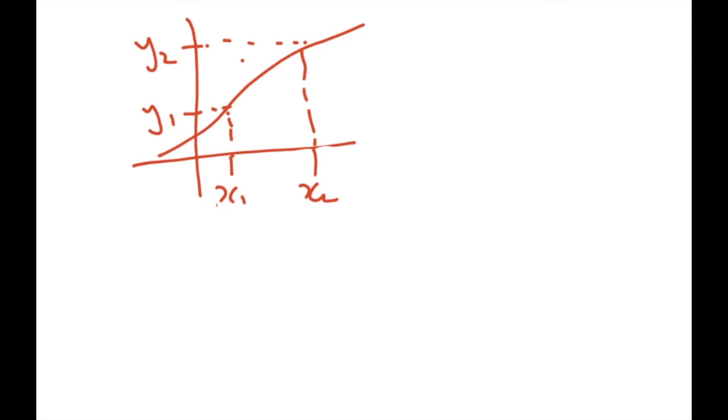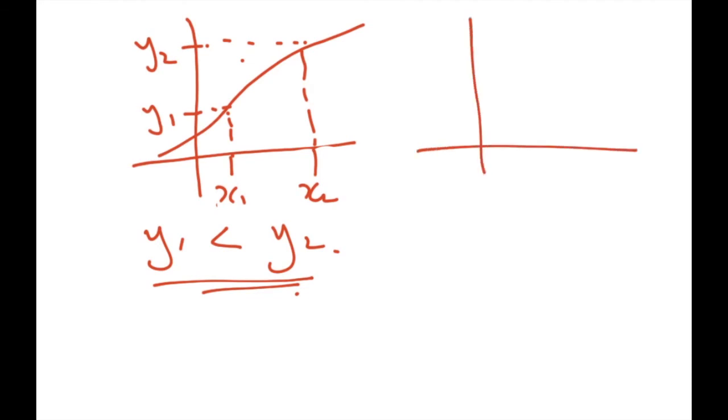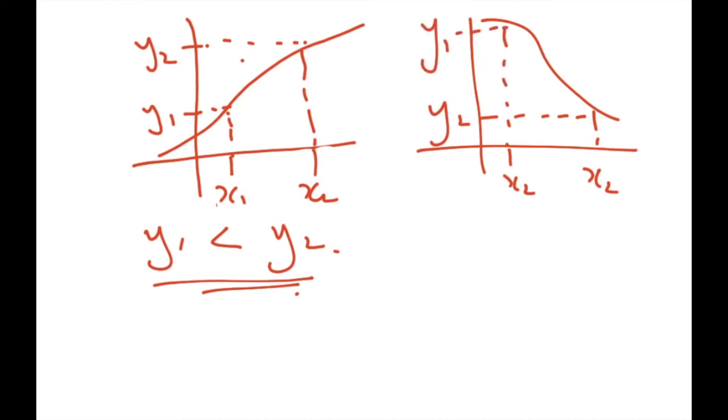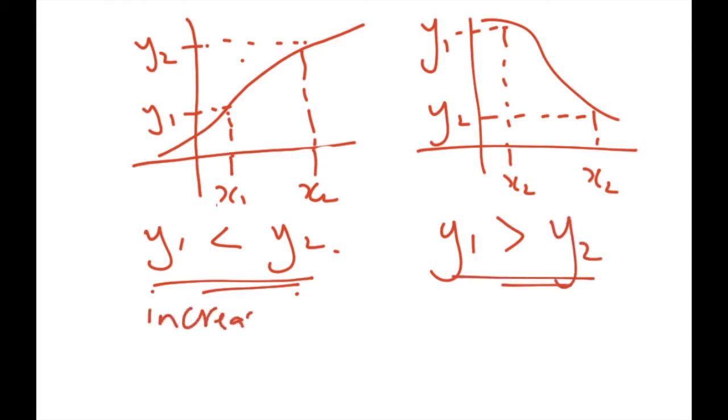So y1 is less than y2, whereas for this one, y1 is greater than y2. So one is increasing, another one is decreasing.